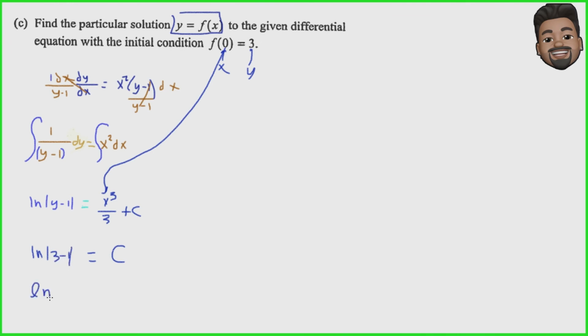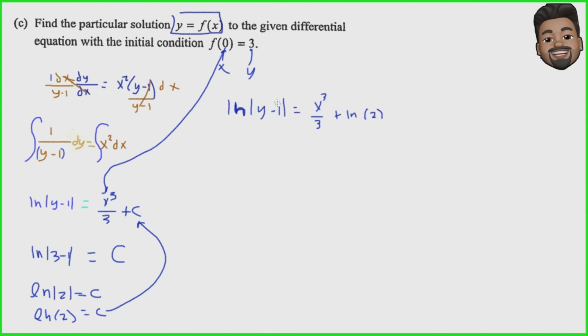This is ln absolute value of 2, which is equal to c. What's the absolute value of 2? Well, that's just going to be ln of 2. There it is. Let's go ahead now and plug it back into my original right here. So we're going to get ln absolute value of y minus 1 is equal to x to the third divided by 3 plus ln of 2.